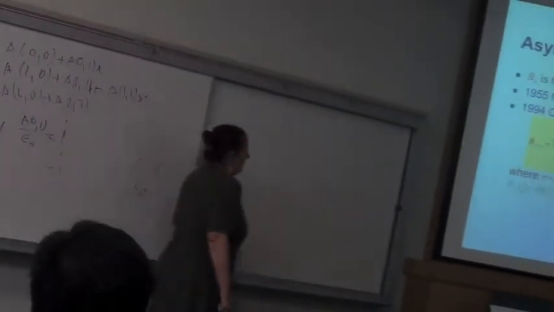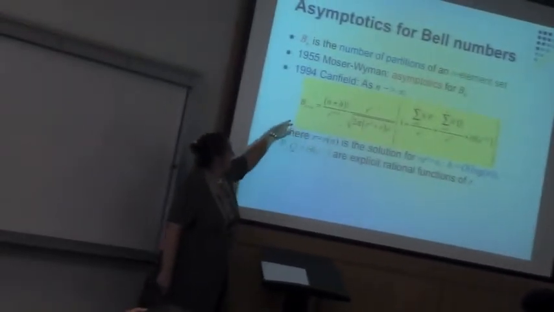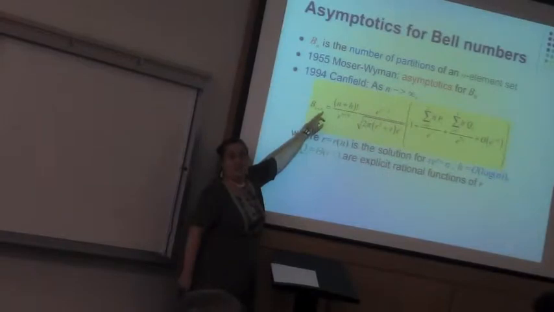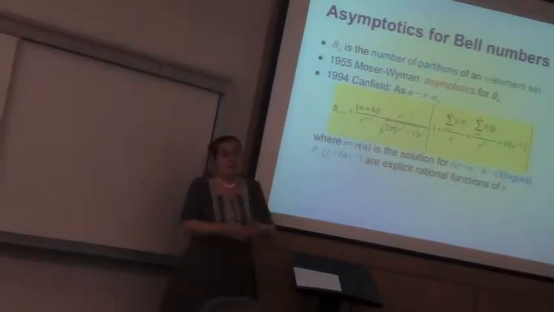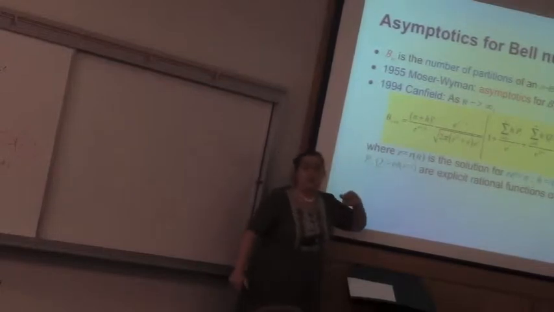But things here depend on n. It's a solution r times e to the r equals n for every n. This is B sub n plus h, and h can vary. h has quite a large range in which this asymptotics is valid.